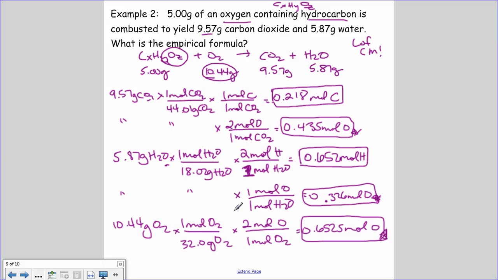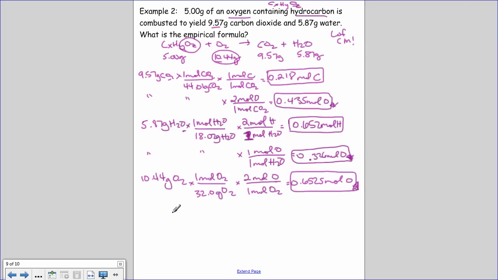So we now need to take the oxygen found in products, which was 0.435 moles from the carbon dioxide, plus the 0.326 moles of oxygen that we found in the water, and that is equal to 0.761 moles of oxygen found in the products. That's the total oxygen that would be present.